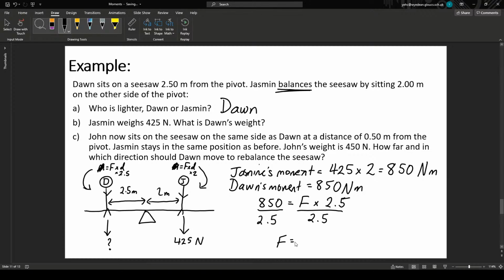Force is equal to 850 divided by 2.5, which is 340. So Dawn weighs 340 newtons.